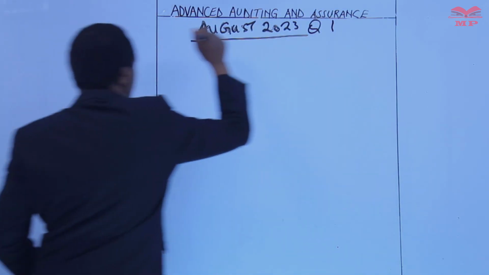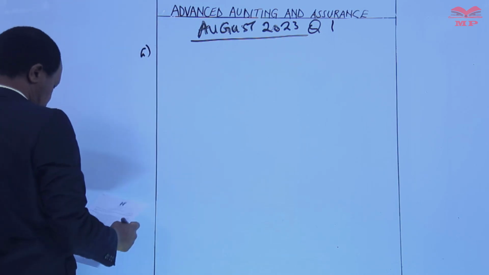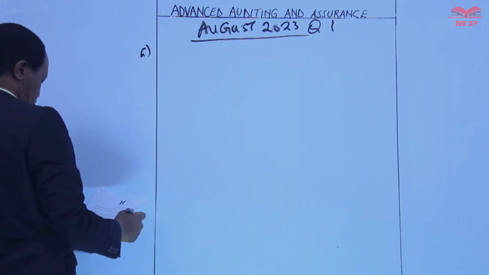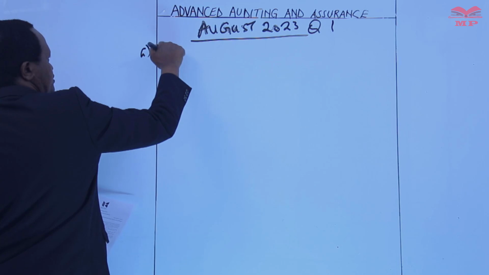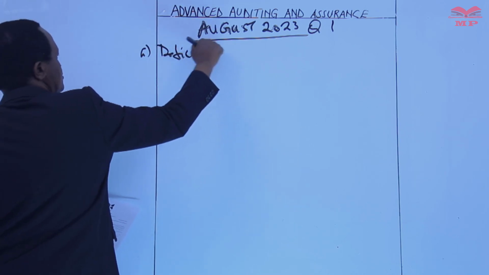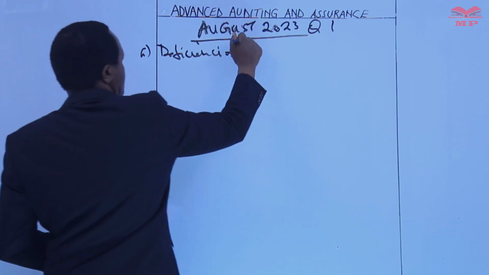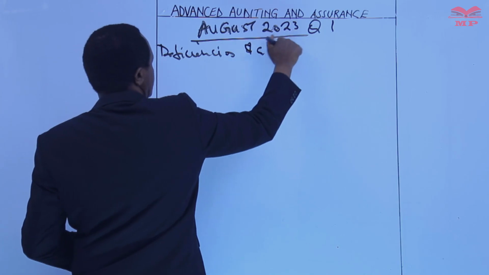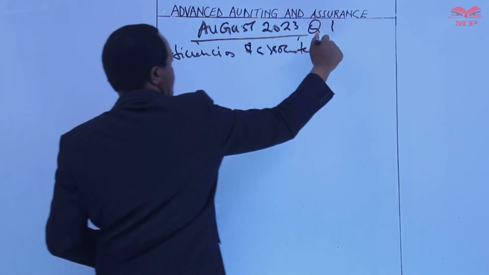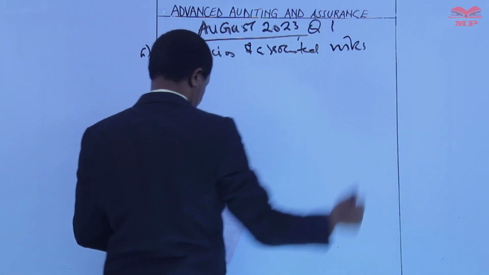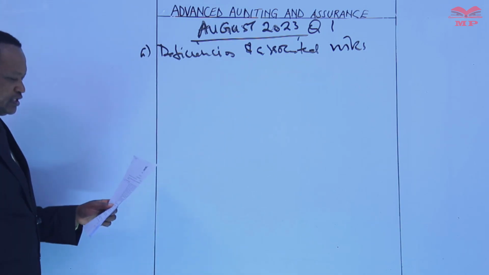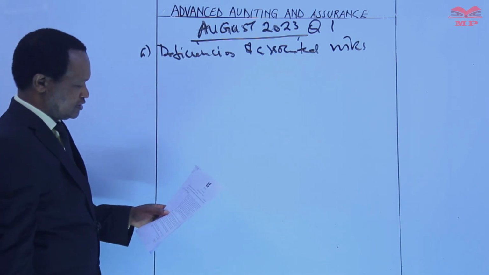Question 1. A. Deficiencies and associated risks. So you can see the question is allocated 12 marks.